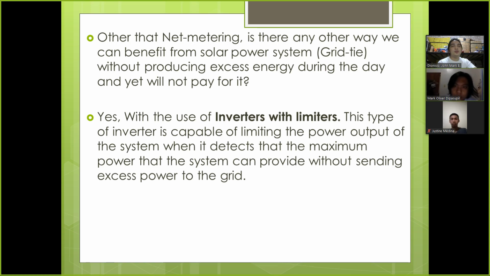Kinukuha o pino-produce niya lang yung kailangan ng circuit o ng load mo. Kung hindi niya kailangan yon, i-li-limit o i-pi-prevent niya para hindi lumabas sa distribution utility grid mo. So walang magkakaroon ng excess power o excess bill na dapat hindi mo naman binabayaran.